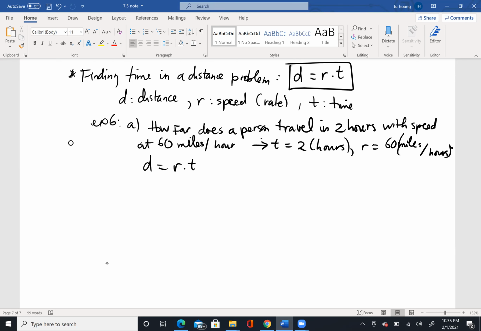So D equals 60 times 2, which gives 120 miles. So the distance is 120.